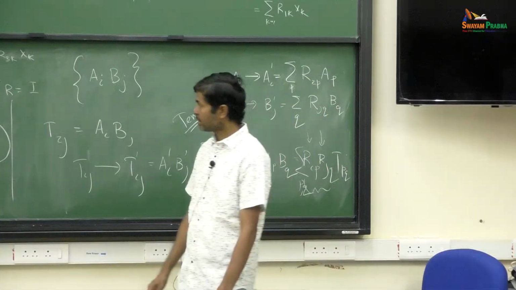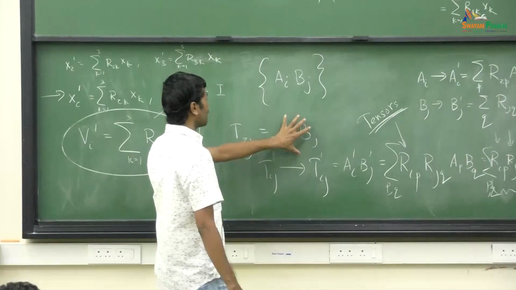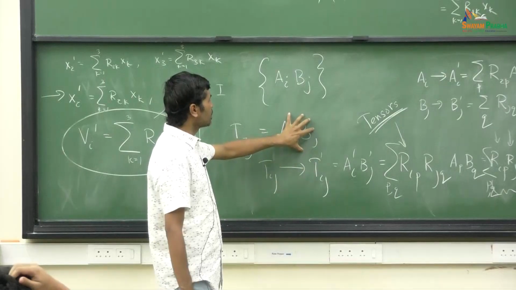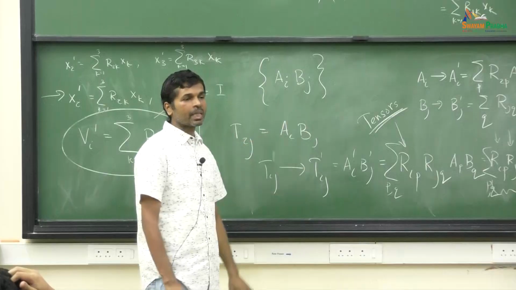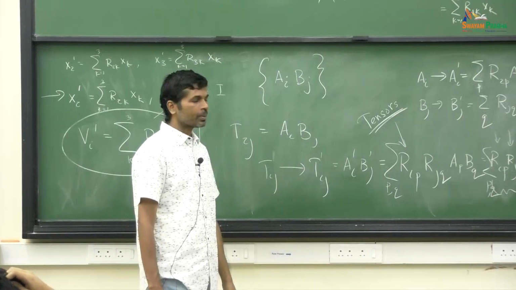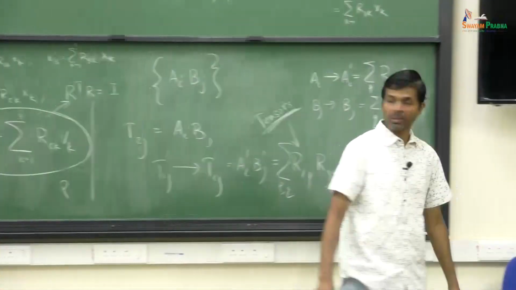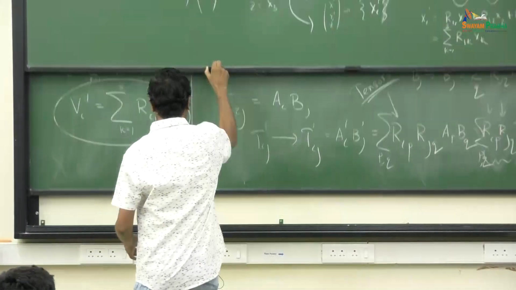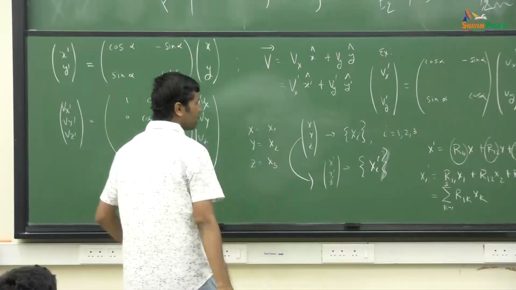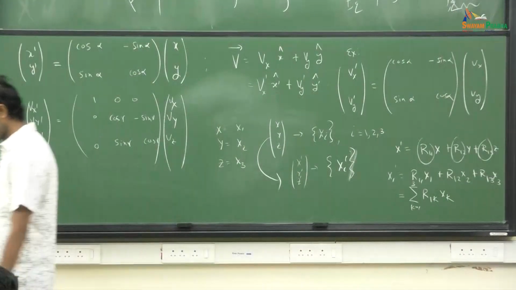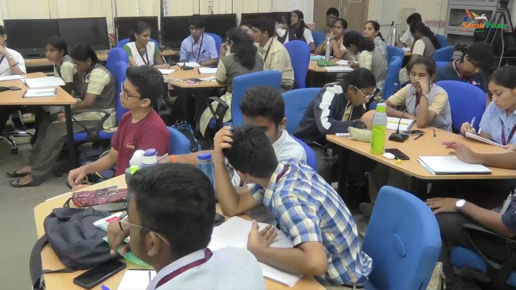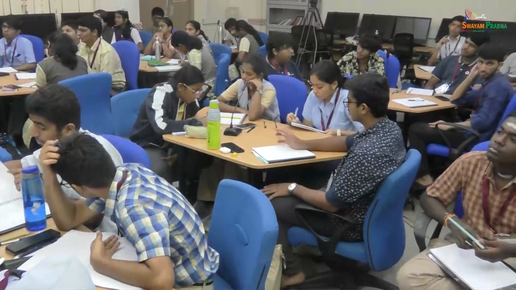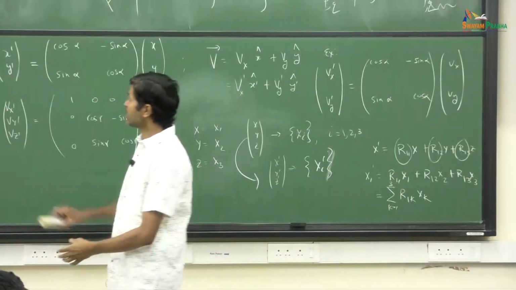And please remember, although I have started with something which is of this form, not all tensors can be expressed like this, okay. For example, I will give you one example. You consider a matrix. Because it has 2 legs, it can be represented by a 3 by 3 matrix.